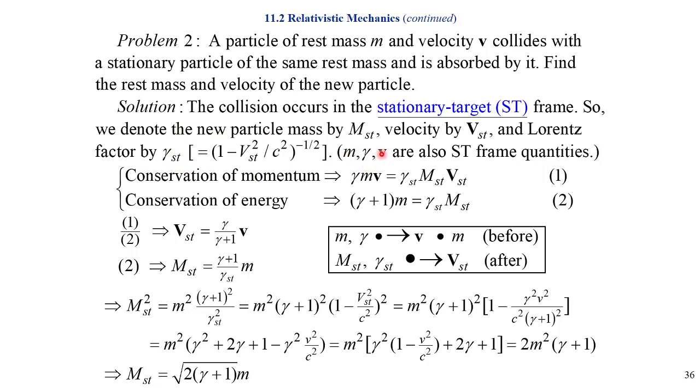M, gamma, V are also stationary target frame quantities. So conservation of momentum tells us that... this one is easy. Conservation of energy tells us that gamma mc squared plus mc squared equals gamma_st m_st c squared.